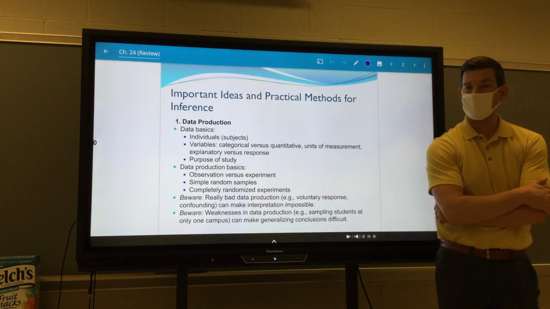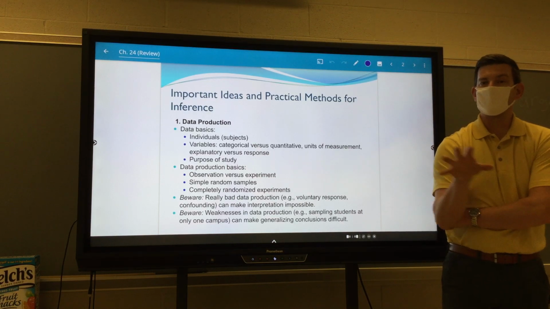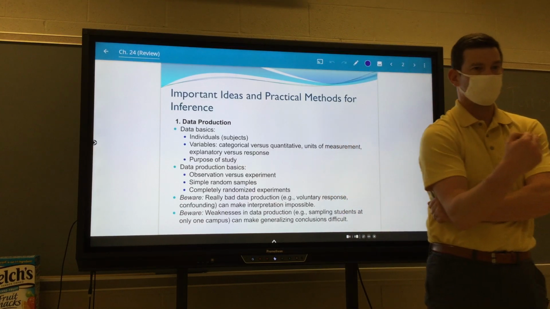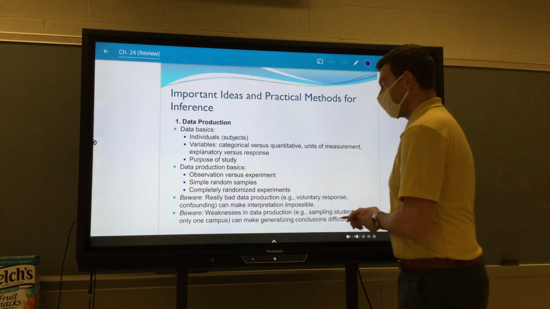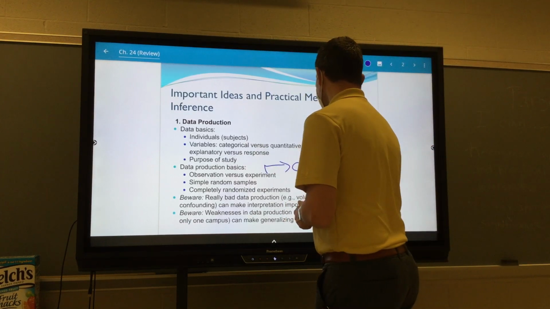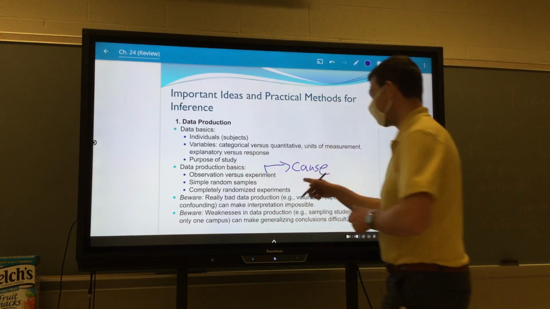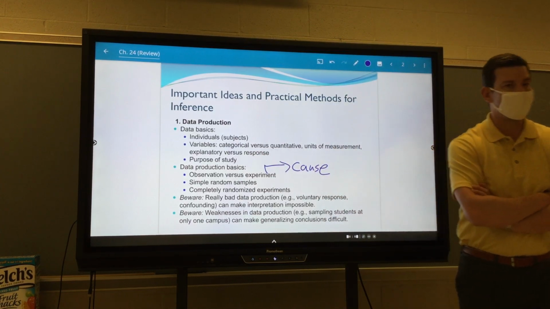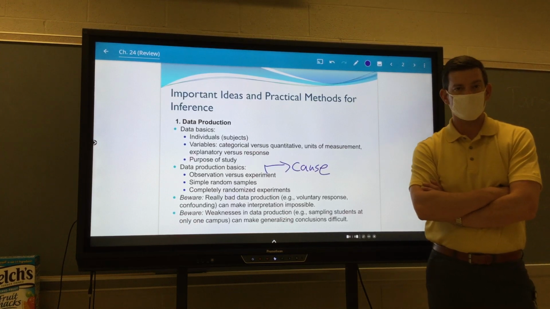While with the randomized experiment, you are now assigning treatment to those individuals. You have that control. So the possibility of causation is the big implication for the randomized experiments that you cannot get with the observational studies.